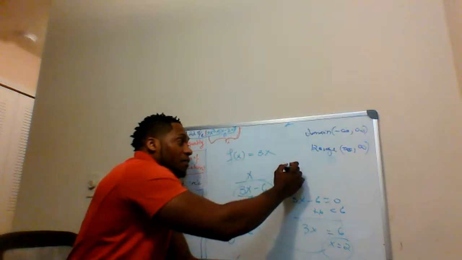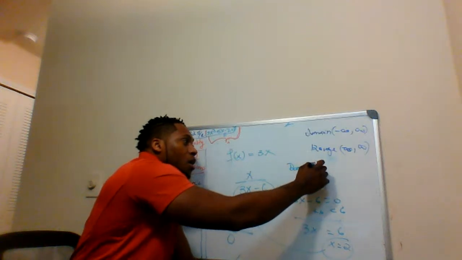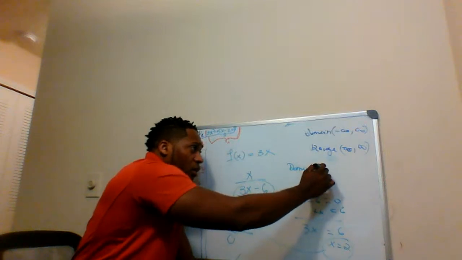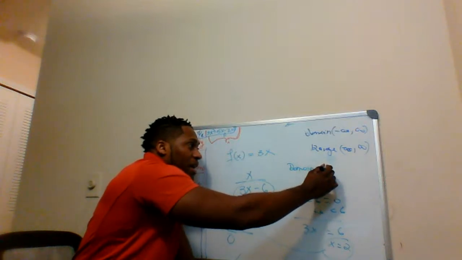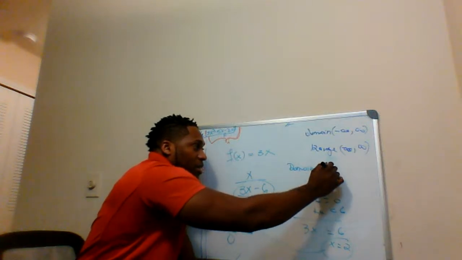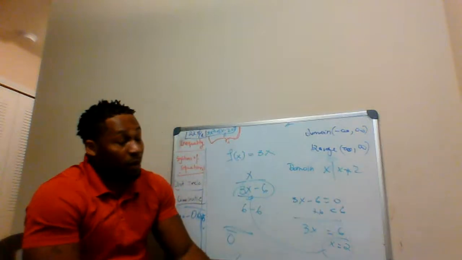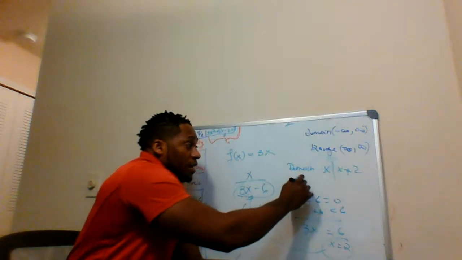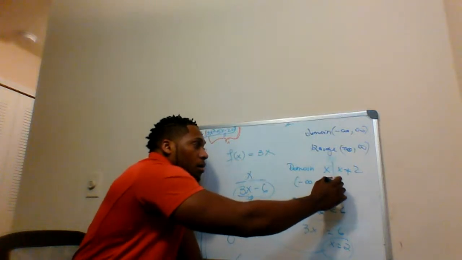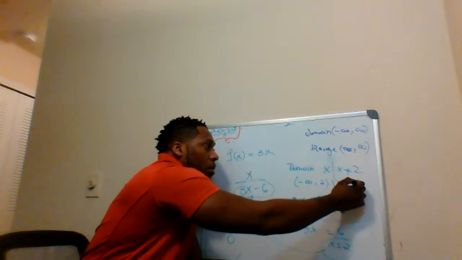So the domain of the function is all the x values except for x equal to 2. So x such that x is different from 2. You can write it that way, or you could write it in terms of intervals: negative infinity to 2, union 2 to positive infinity.